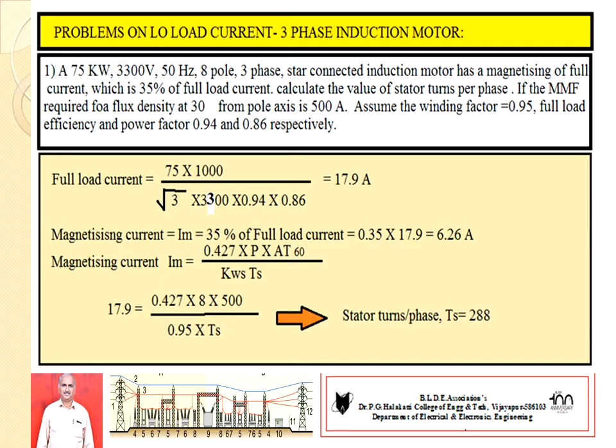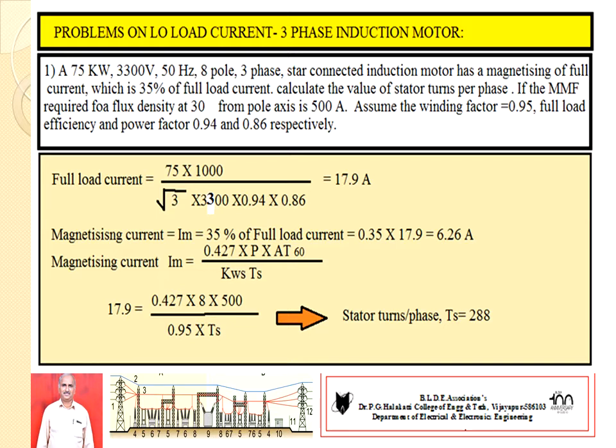After that, go for magnetizing current. By using the expression, magnetizing current Im equals 0.427 times number of poles into 80/60 divided by KWs and Ts. So 80/60 is given directly in the problem. So MMF required for flux density at 30 degree from pole axis.